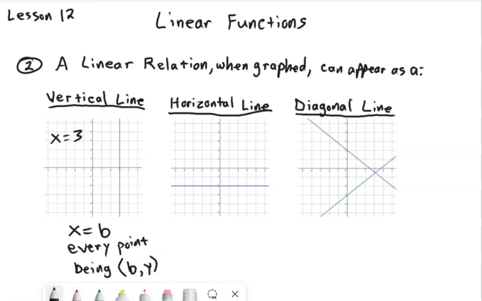So for example, this point right here is the point 3, comma, 4. This point right here is the point 3, 2. Okay? This point right here is the point 3, negative 1. This point is 3, negative 5. Every point on a vertical line has the same x value, and then it just has different y values.